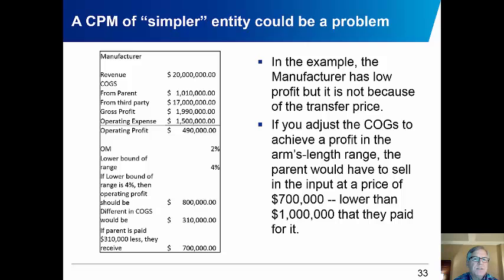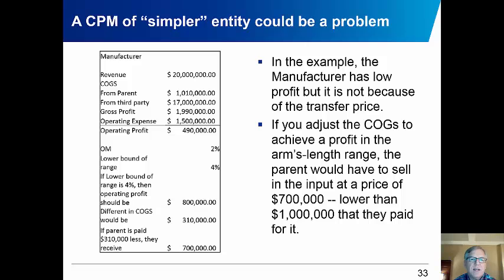This is just an example to show you that there are times when a CUP, even though imperfect, might produce a much more realistic number than, say, a CPM. In this case, particularly, even if you went back to the parent and said, all we're going to pay is the $1 million you paid to the third party, the parent is still much better off than dealing with an adjustment that would lower it down to $700,000.